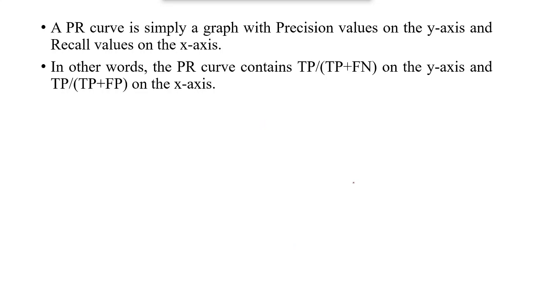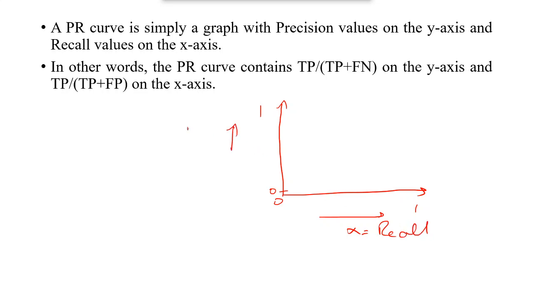If you see a PR curve, the precision recall curve will look like this. From 0 to 1 on both axes. Here on the x-axis we consider the recall, on the y-axis we consider the precision, and this is the threshold value.